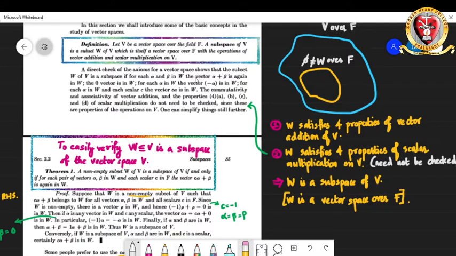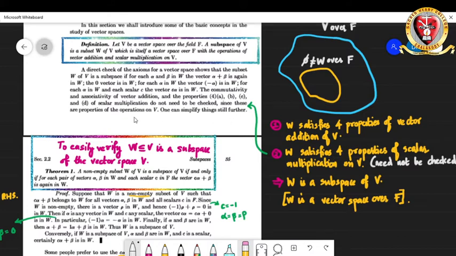The properties of scalar multiplication need not be checked actually, because all the elements inside W are also in V. So the properties of commutativity and associativity already hold there, so that will also hold in W. So why don't we need to check the properties of scalar multiplication?